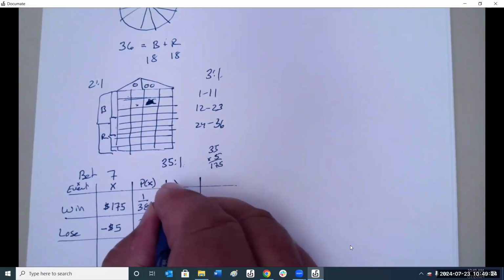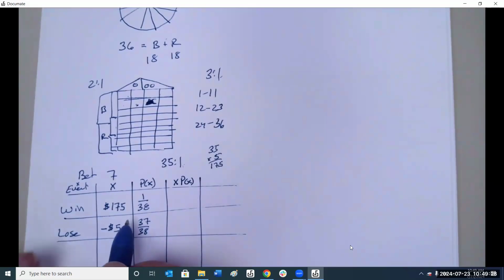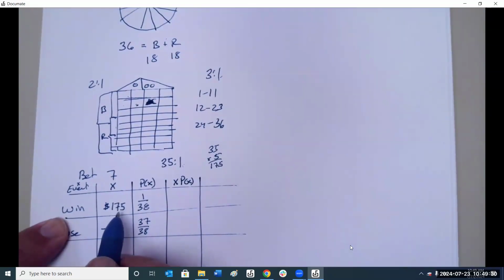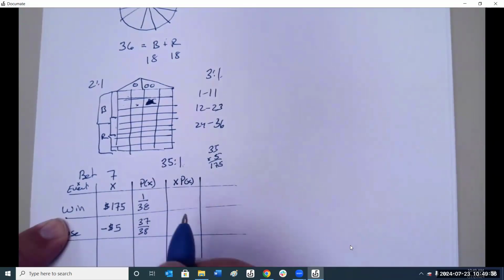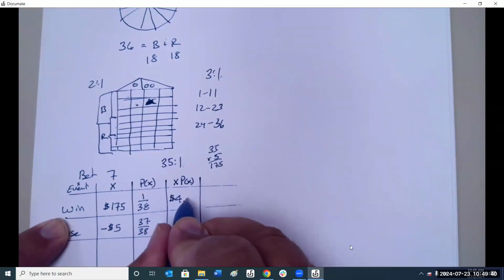So now we multiply those together. So X times P of X. The probability of winning, 175 divided by 38, you would win $4.61.